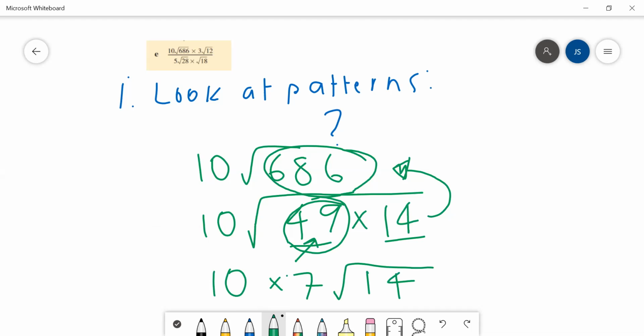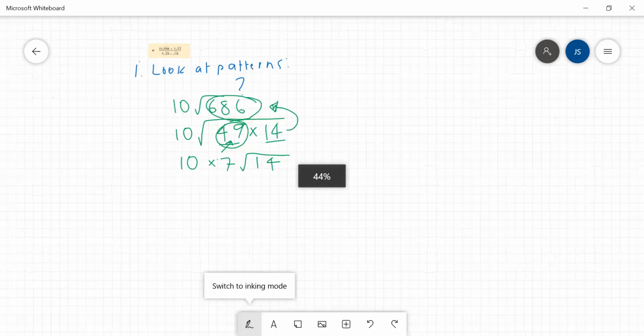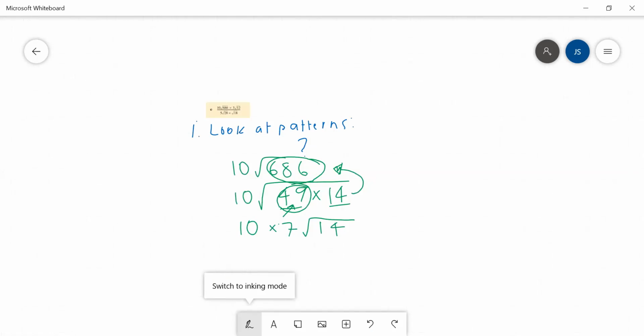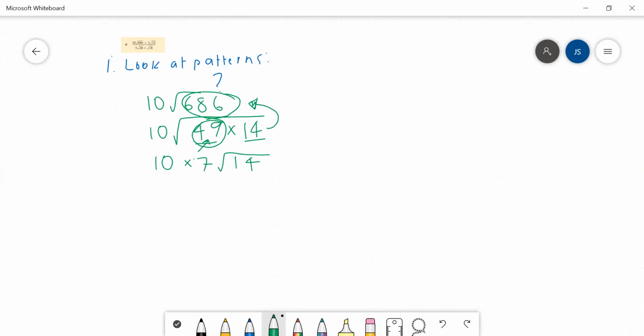Okay, so the first individual surd, the simplest version of it is 10 sevens are 70, square root of 14. Can we simplify that any further? I could do 7 2s, but that doesn't have any square numbers in it, so I guess not.